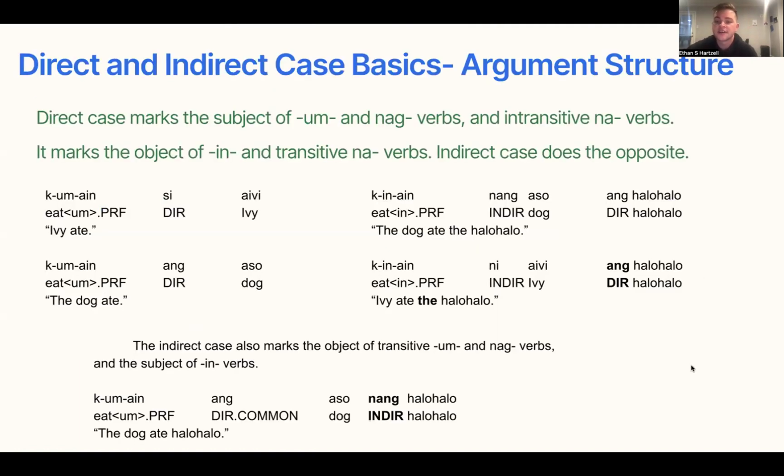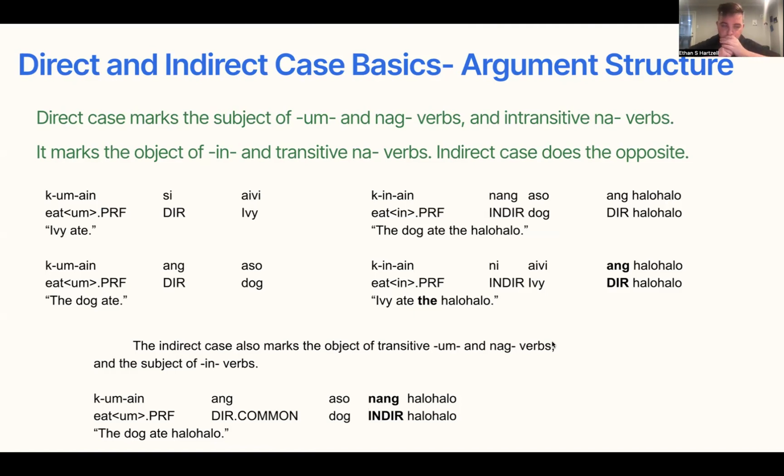And then here are the basics of when to use direct and indirect case with verbs. Basically, direct case marks the subject of nog verbs and also intransitive na verbs. And it marks the object of in and transitive na verbs, where indirect case essentially does the opposite.